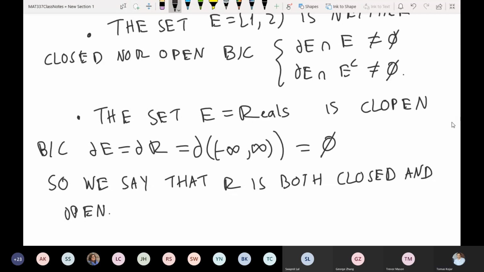Is there a non-trivial example of clopen, something other than this? No, you can actually prove that the reals are the only clopen set. You can do this by contradiction. Assume there was such a set, you will get a contradiction. That's a good question.